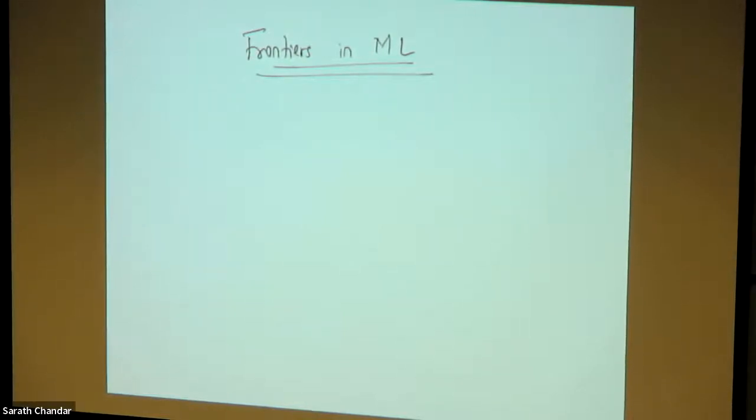Even then, we skipped a few really important topics which I normally would like to see in a machine learning course. So first we will talk about what is not covered, and then we will talk about frontiers in ML research.